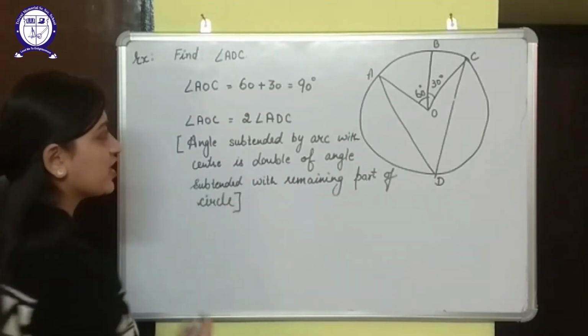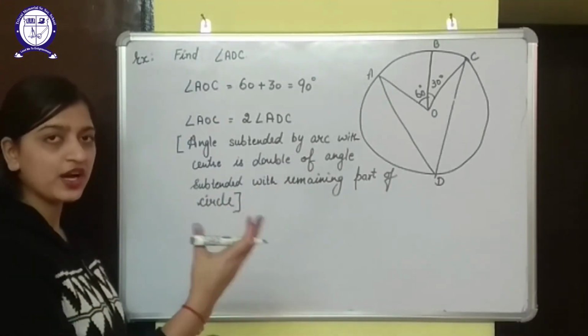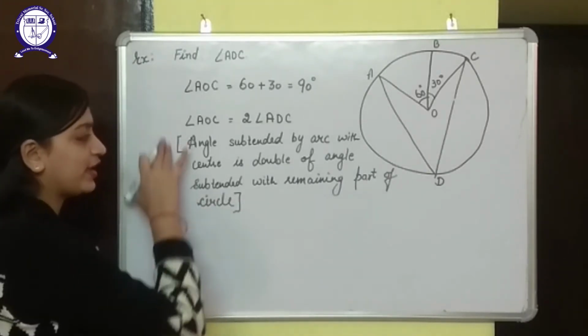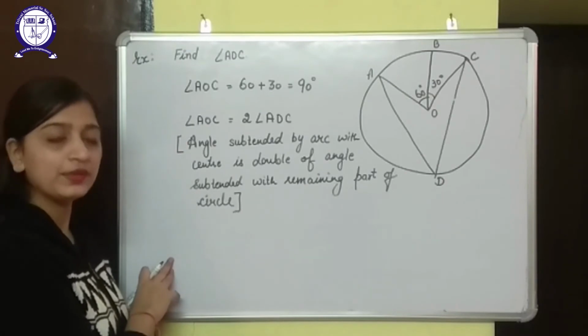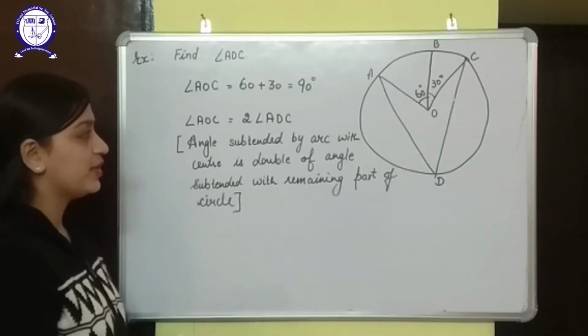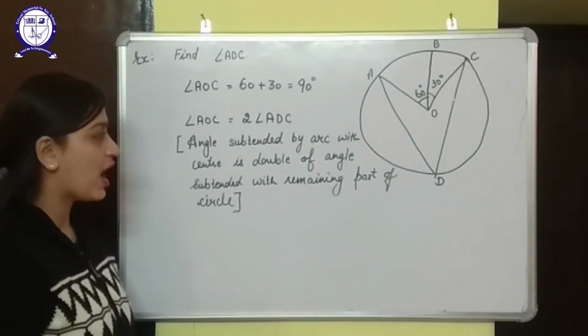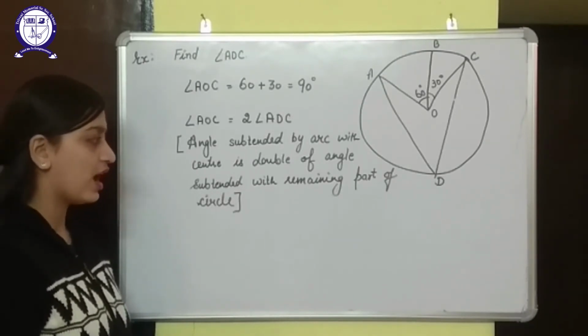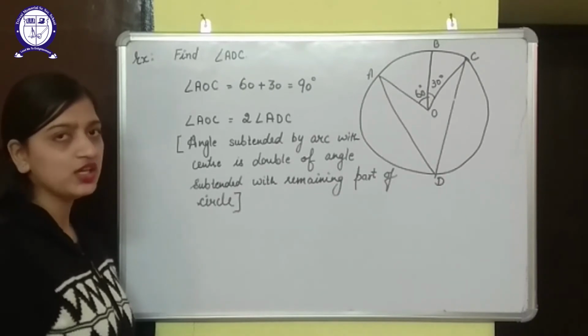Since the questions are very small and the calculation part is very easy, the main thing is you have to write the statement of the theorem. You have to remember the statement. So the statement is angle subtended by the arc with the center is double of angle subtended by the arc with the remaining part of the circle.